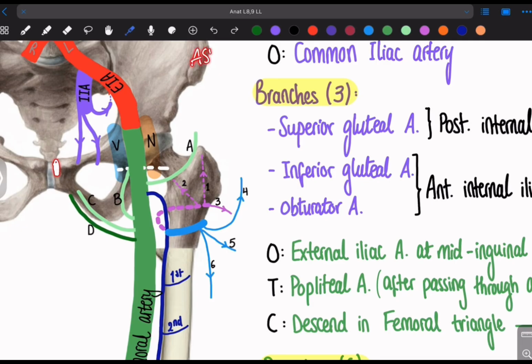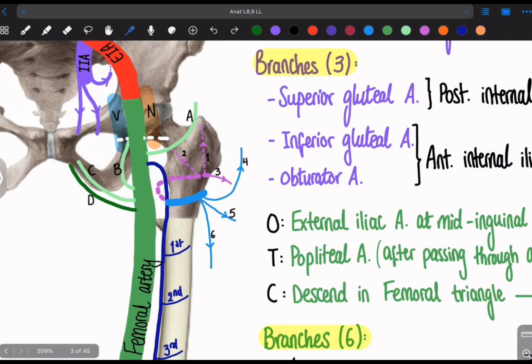Remember Aziz? So we have Aziz and pubis symphysis. If we draw a line here, okay, the point in the middle of the line is going to be known as mid-inguinal point. Okay, so the mid-inguinal point here is the area where the external iliac artery changes into femoral artery.